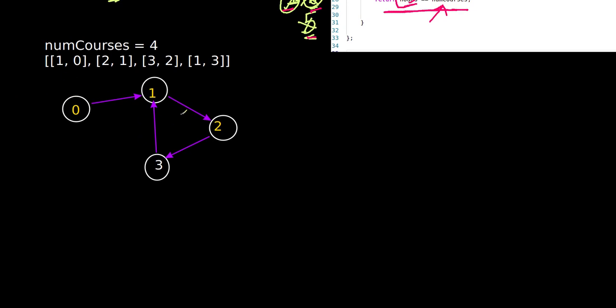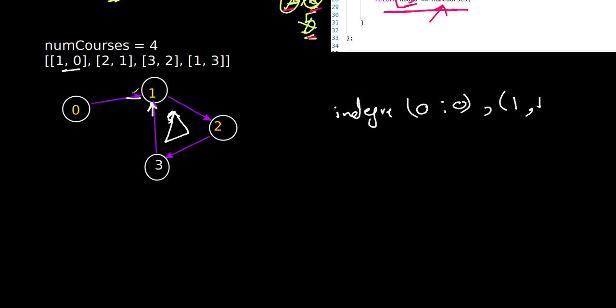In this example, you can see there is a loop here. The in-degree for this graph is as follows. For 0, there are 0 edges going into it. For 1 there are 2 edges, so its in-degree is 2.